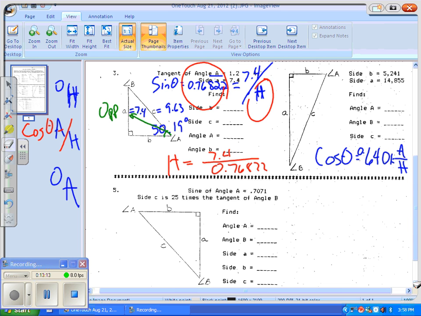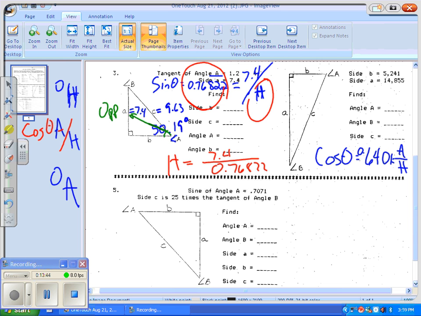I know both. Oh, so I've taken a function that I don't need. I'm looking for the side adjacent. Isn't B the adjacent? I'm looking at angle A, and I'm looking for B, which is side adjacent.